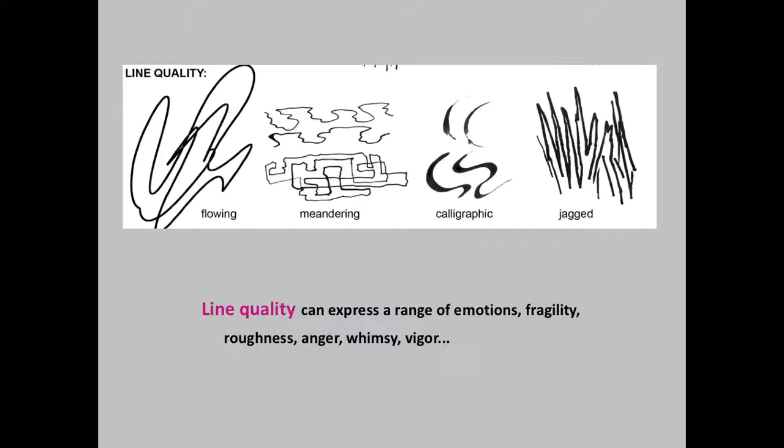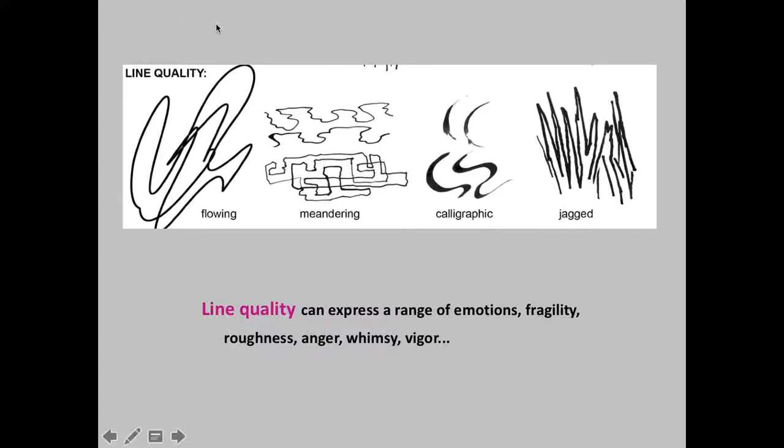Now, line quality: the way a line is drawn can vary in many ways. I know you've done this, but you're maybe not thinking about it clearly. The difference between a Sharpie, a pencil, a ballpoint pen, or a gel pen is that they all have different line qualities.